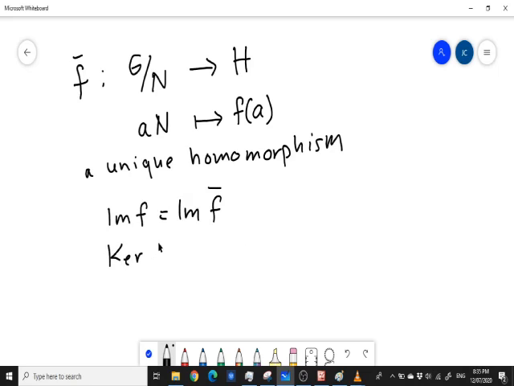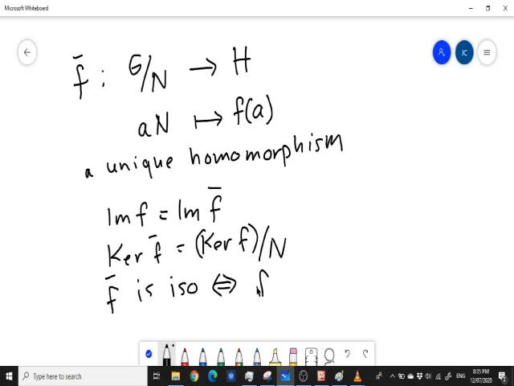The kernel of f bar is the kernel of f mod N. And finally, that f bar is an isomorphism if and only if f is epi and N is the whole of the kernel of f, right? So there are so many statements that we have to prove.